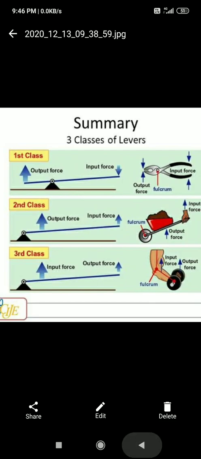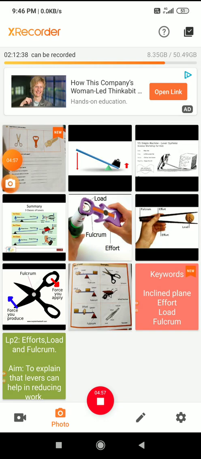Now you have understood how these levers help us: they enable us to apply less effort, less force, to lift anything, or to open any opener, or to cut any papers. So these are the simple tools or simple machines that we are using in our daily life, right?